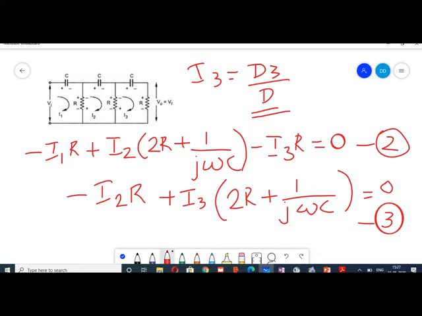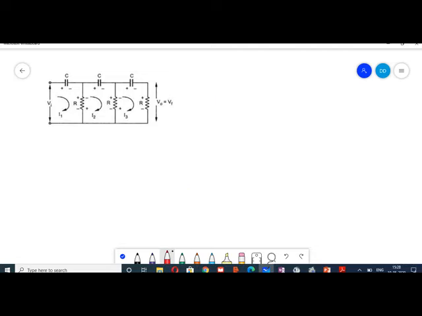First, we write those three equations in matrix form and then find the determinant. Then replacing the third column of the matrix by the right hand side values, we get D3. So we'll see how to obtain D and D3 now.